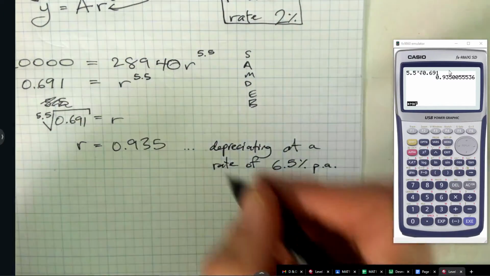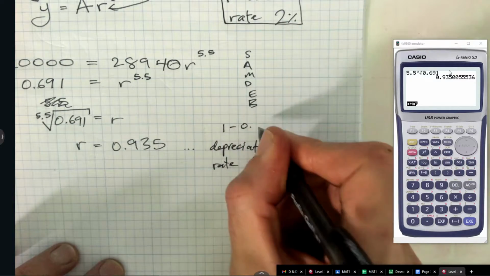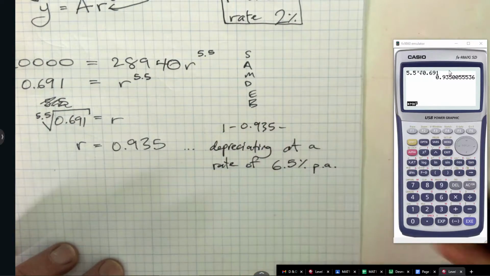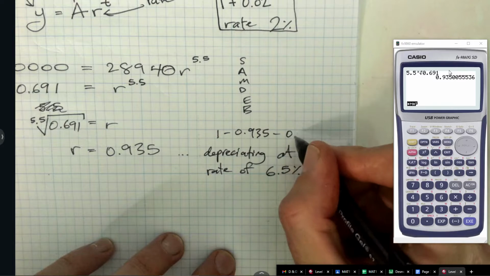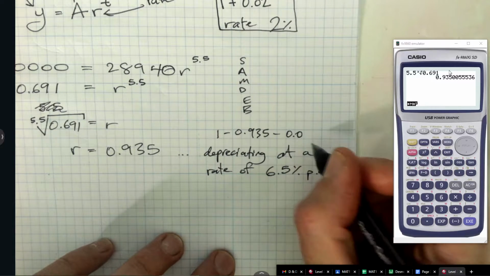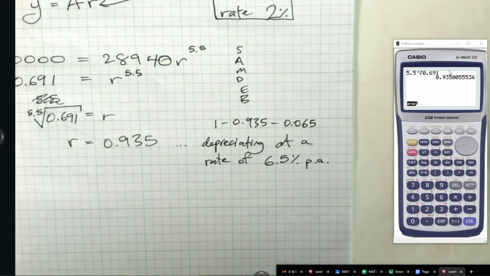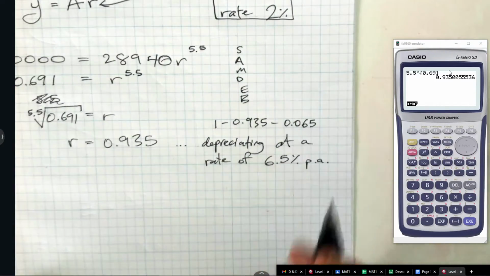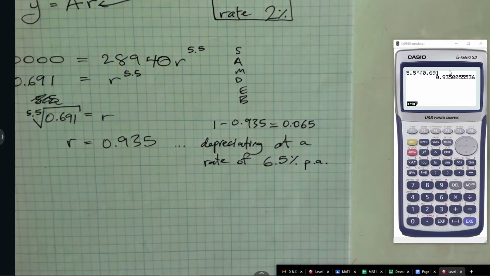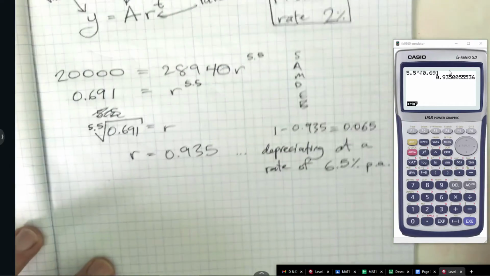How did I get that? Because 1 minus 0.935 equals 0.065. And there it is. Working a little bit messy today, to be honest.